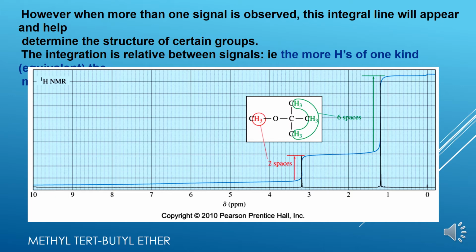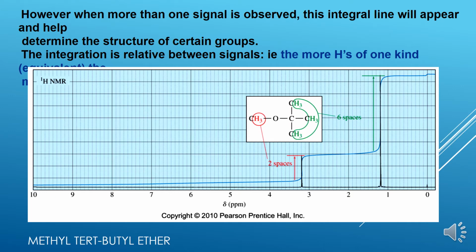As far as this molecule is concerned, we are getting two peaks, therefore integral lines are observed. The methoxy methyl protons occupy two spaces of the integral line, and the tertiary butyl protons occupy six spaces of the integral line.